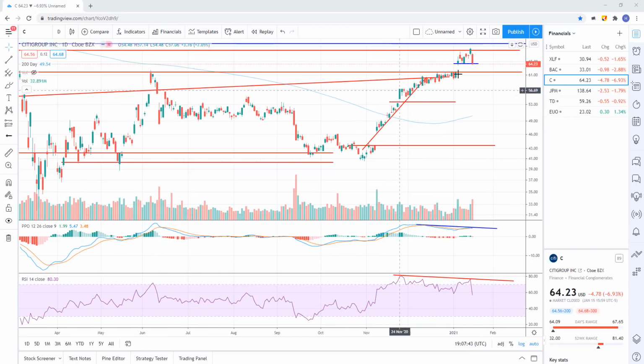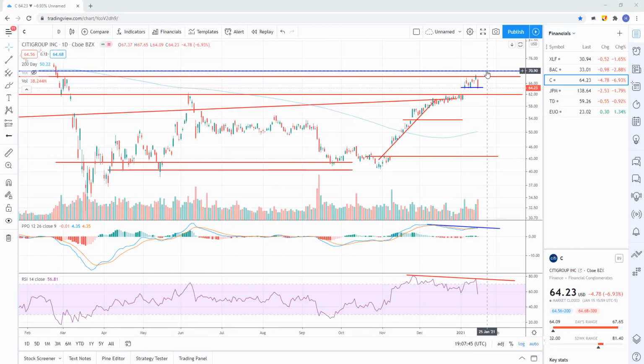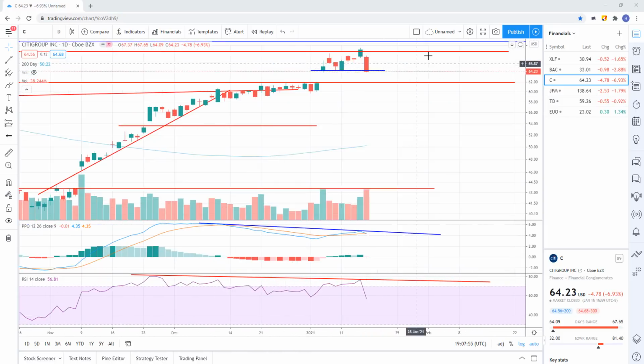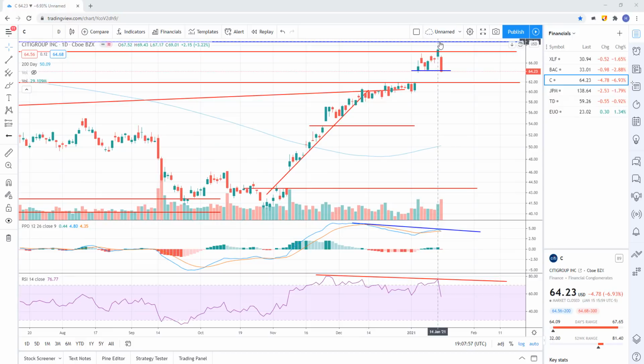On Citi, the blue line was my stop loss line, so I'm still looking to stop out above. It's about 70.86, 70.90, somewhere right in there. But we haven't hit that stop yet, and we're still holding at major resistance, which is at 68.61. So again, I'm still looking for that gap down.